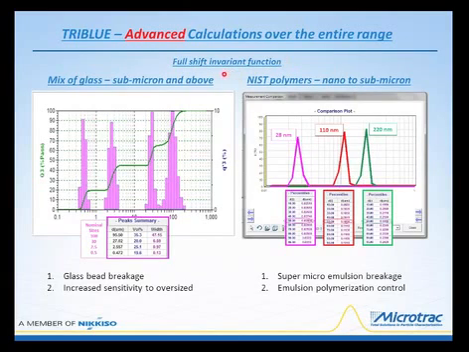Now, one of the things that's important is to be able to have sensitivity across the entire particle size range of an instrument. This is showing 4 glasses ranging from submicron all the way up to very large particles, and this is a mix of those 4 different glass particles. The nominal sizes are shown down here, and the actual sizes that we achieved are here.